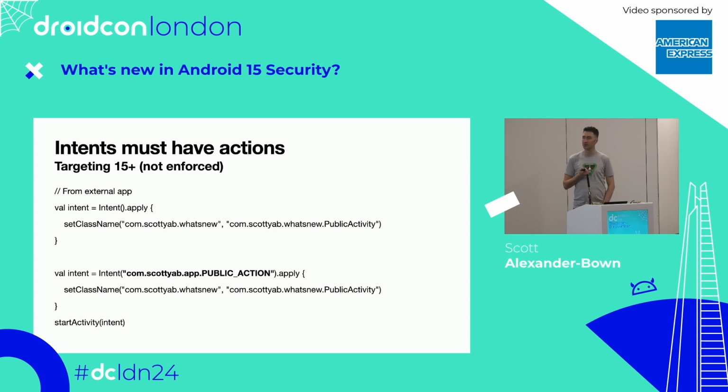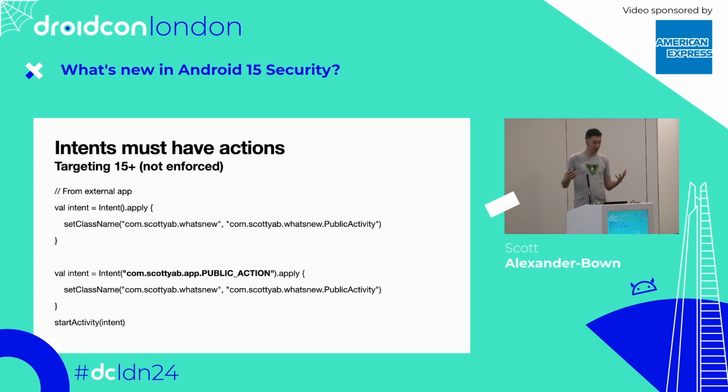This was a new one for me. When I was trying to code up an example of this to illustrate, it worked, and I was like, what am I doing wrong here? It was only through one of the comments in one of the Google I/O videos that they mentioned, oh yeah, this is not enforced yet, so we can all get used to this new restriction.